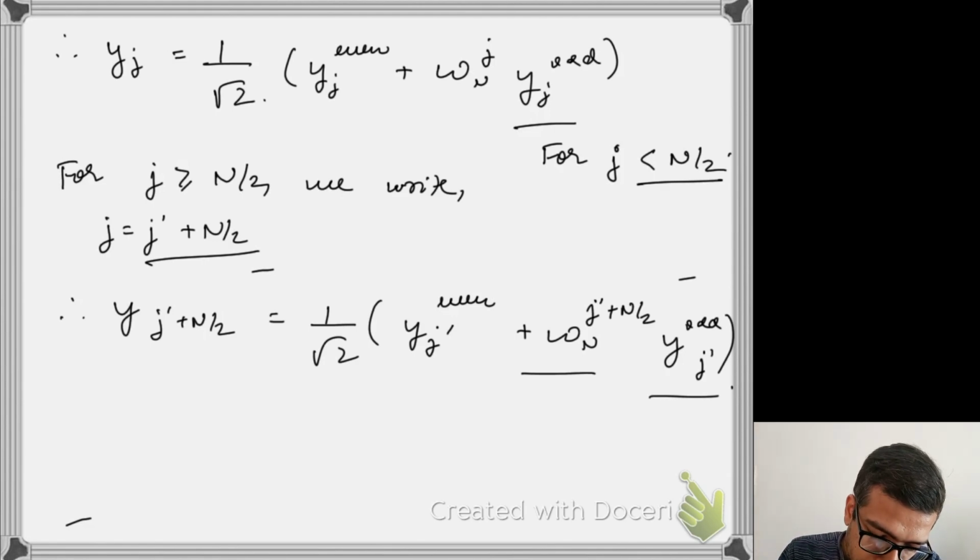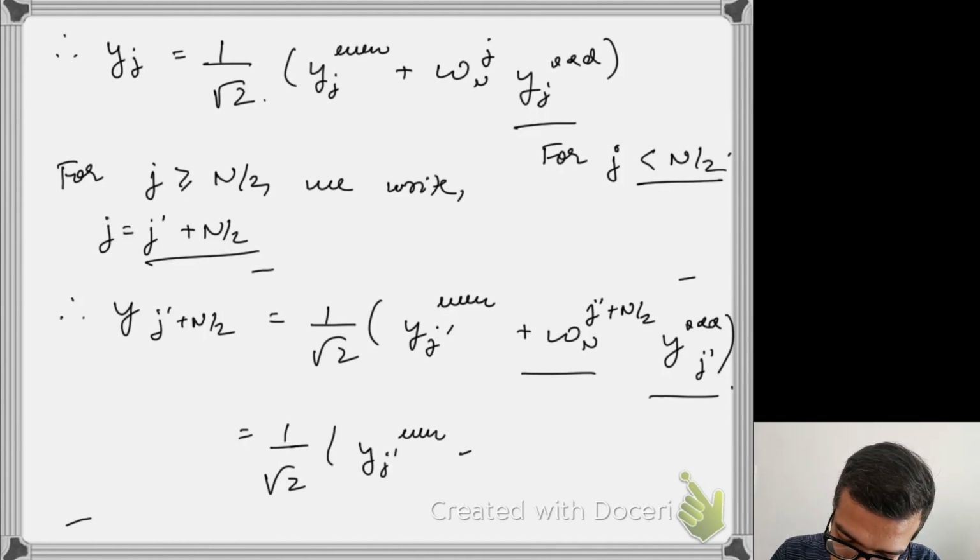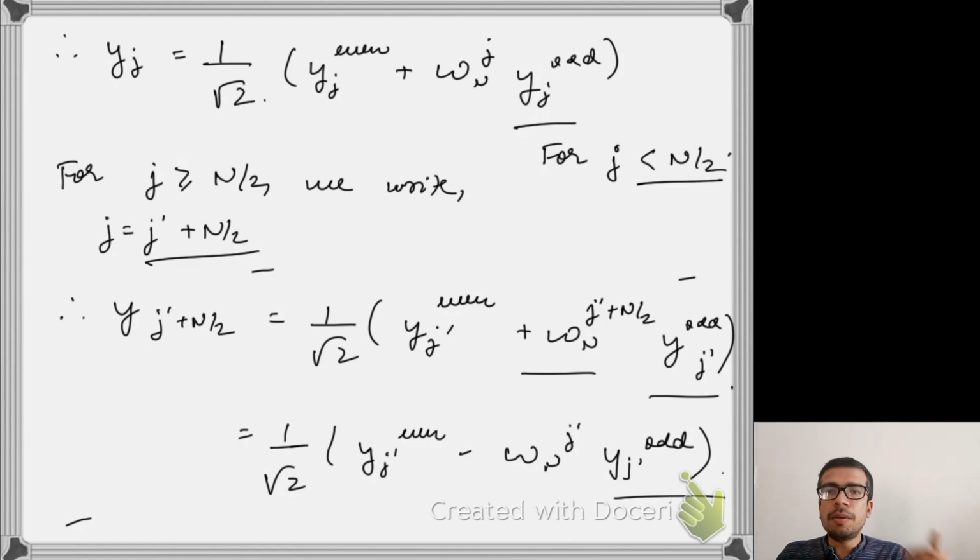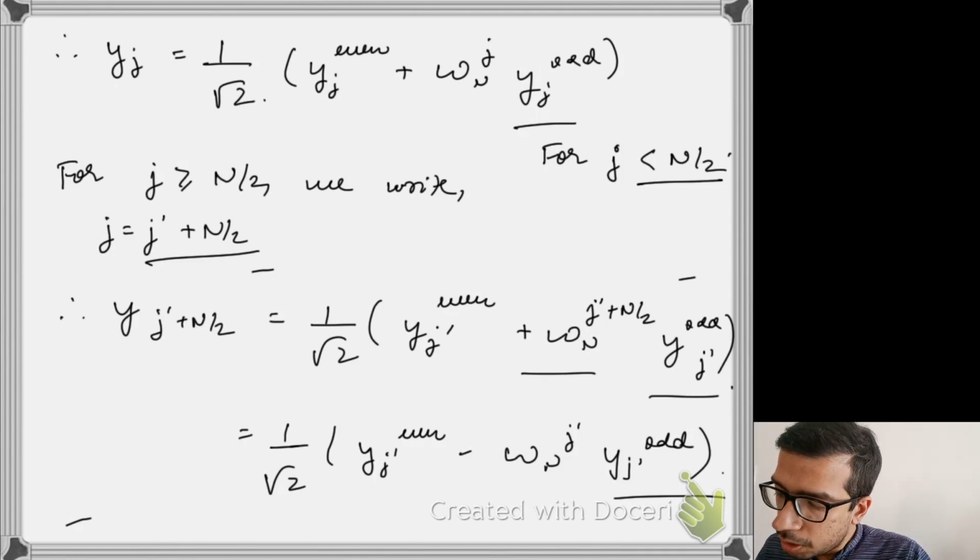Right, so from here I am just going to get 1 over root 2 times y sub j prime even minus omega n to the power of j prime times y sub j prime odd. So essentially, if I can compute the Fourier transform of even terms separately, odd terms separately, and then I combine them as follows, I am going to get the Fourier transform of all the terms together, right?